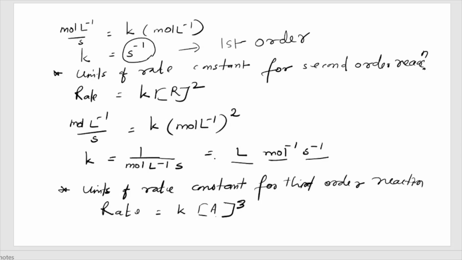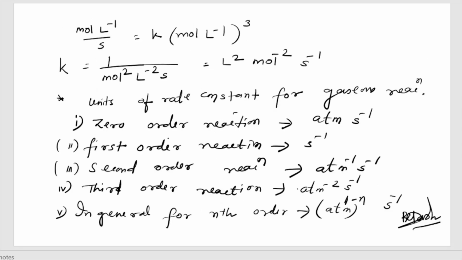Similarly, third order means rate equal to K A to the power 3. Are you clear? Rate equal to K A to the power 3. That means it is a third order reaction. For a third order reaction, this side you put the rate, that is moles per liter per second, and the right side K moles per liter to the power 3.